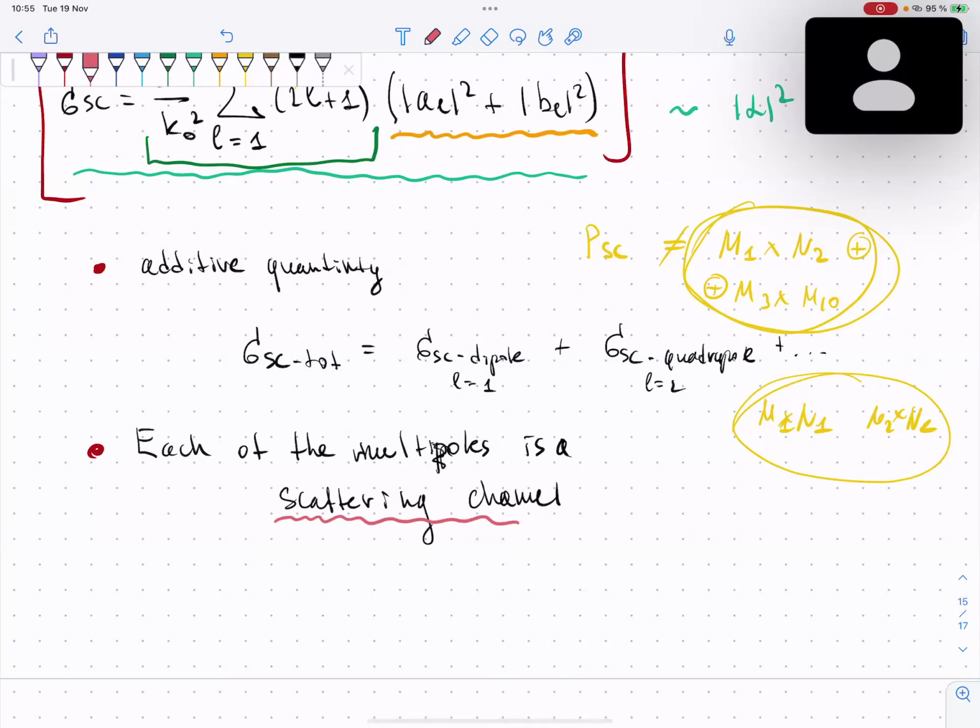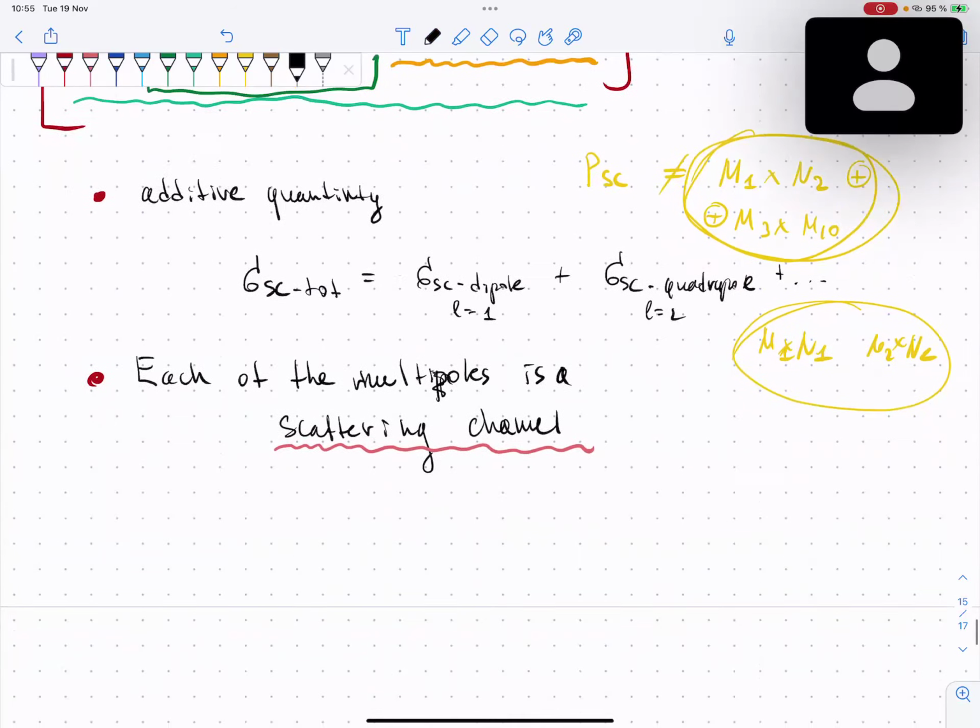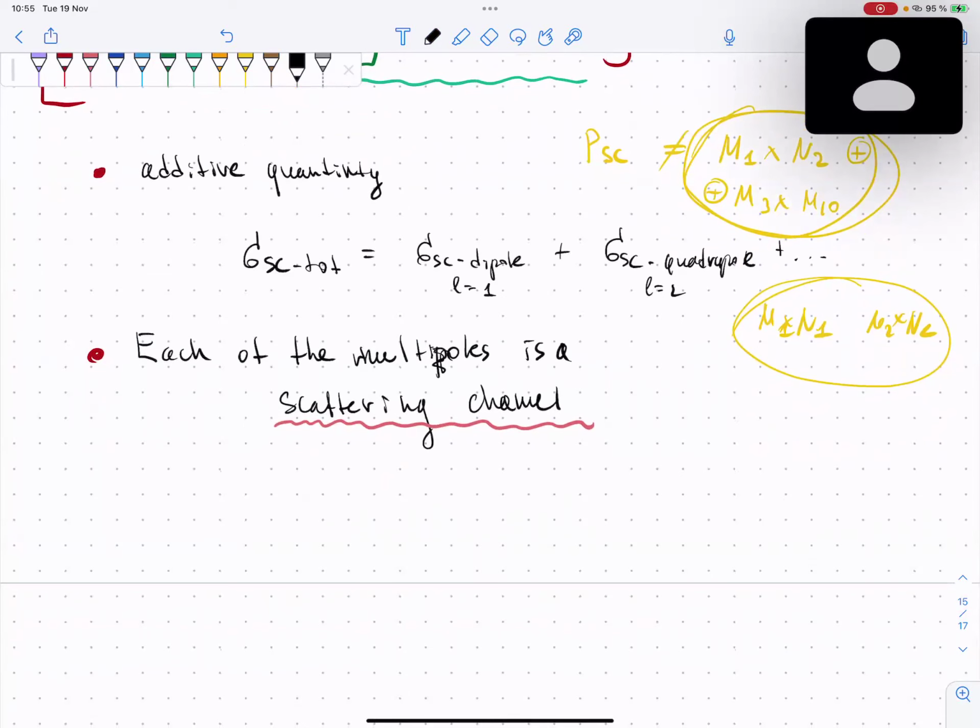Each multipole is a scattering channel. So, the definition of the scattering channel: the vector spherical harmonics are only one set of basis functions. Of course, we can find another set of basis functions, which will be more convenient for another problem.